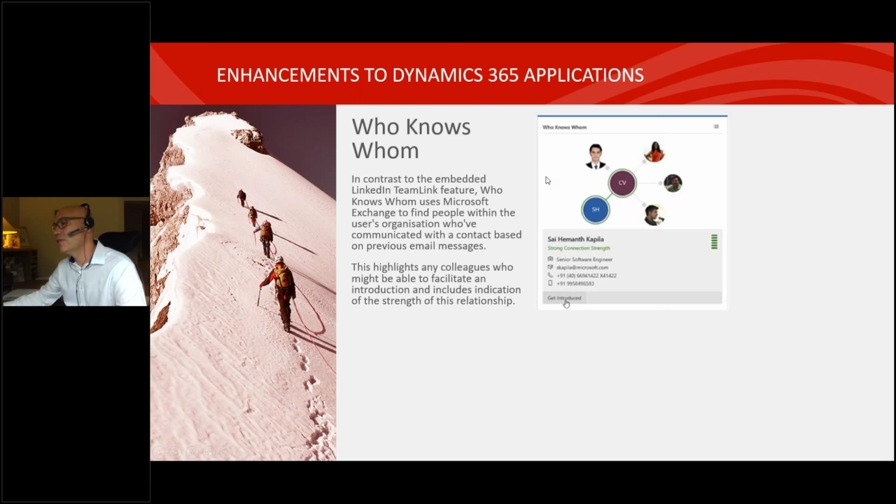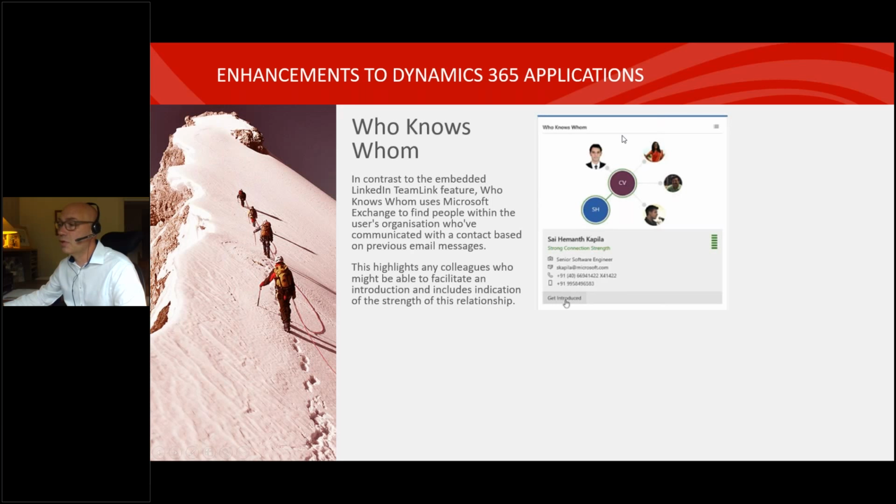Okay, so what we can see here is I'm looking at a particular contact whose initials are CV, and that has scraped my Exchange server and has found all email interactions and presumably appointments, not tasks, that people in my organization have had with CV.